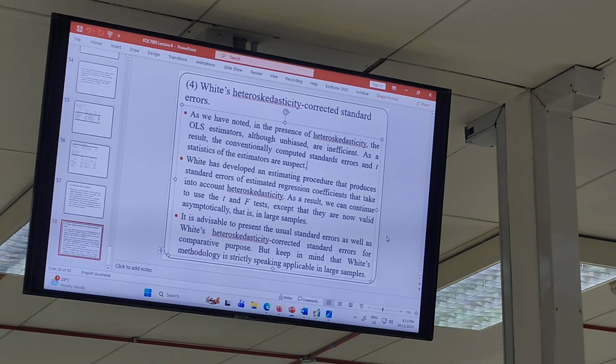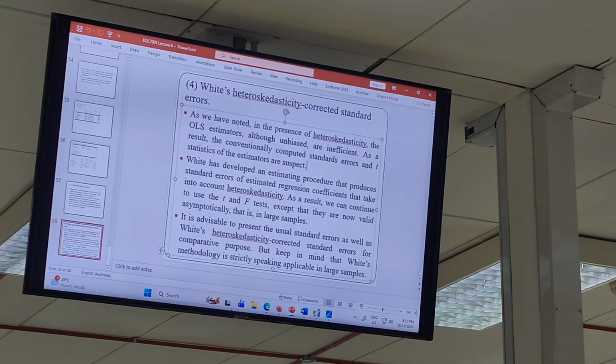But keep in mind that White's methodology is strictly speaking applicable in large samples. If you have a very large sample, for example a sample size of 1000, then you can confidently use this. But if you have only 50 or less than 100, there is a possibility that it is able to remedy, but also a possibility that it is not able to totally remove the heteroscedastic error. So you have to be careful.